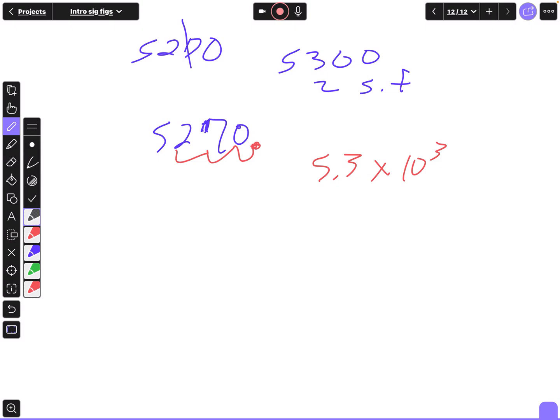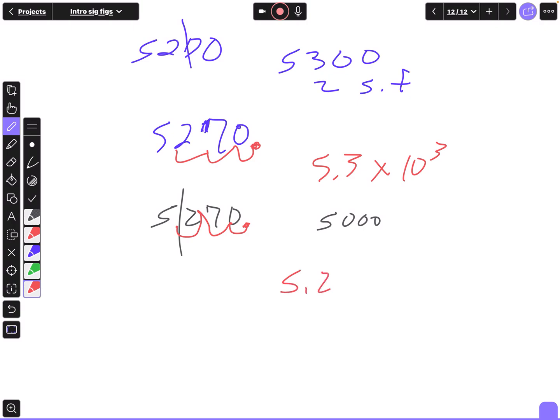So let's say I wanted that same number, 5270, and I wanted it to 1 significant figure. That means I would have to cut it off right here. I could either do it this way. I could say, well, 5270, I could round it down to 5,000. That would be 1 significant figure. Or I could put it in scientific notation and do it that way. I could go 1, 2, 3.